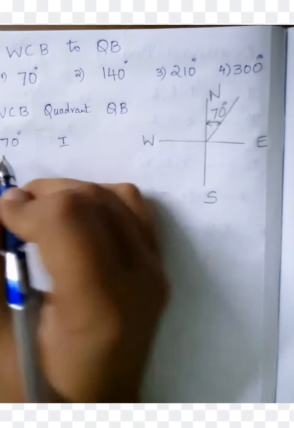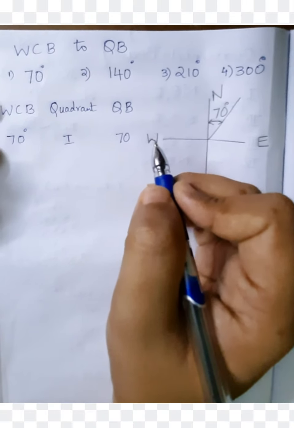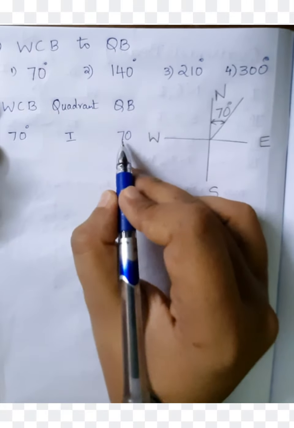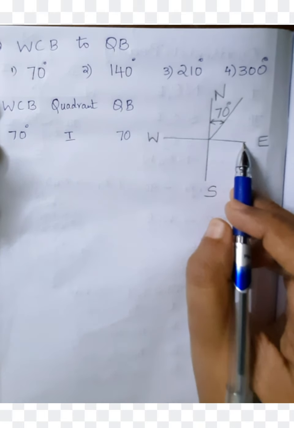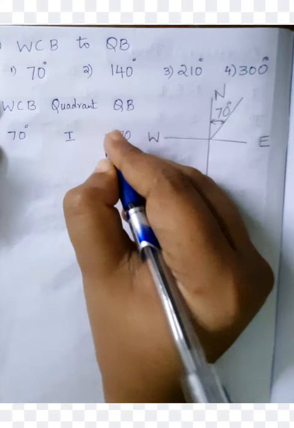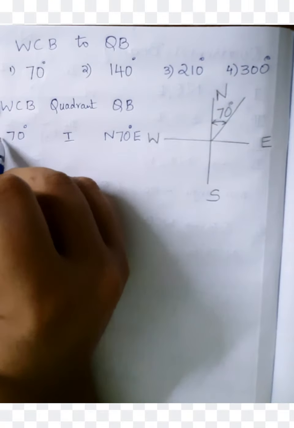So theta 1 remains 70 degrees, and I have to show the directions. The first quadrant directions are north east, so this becomes north 70 degrees east.